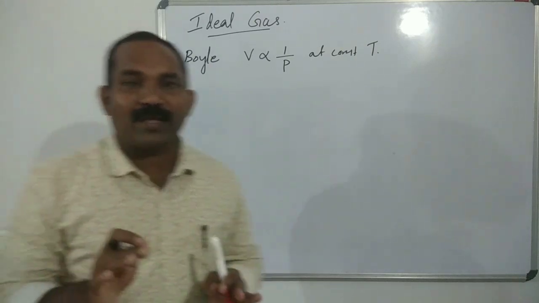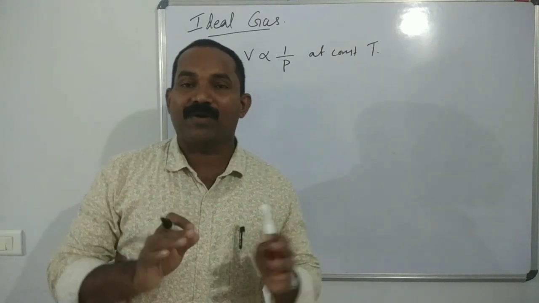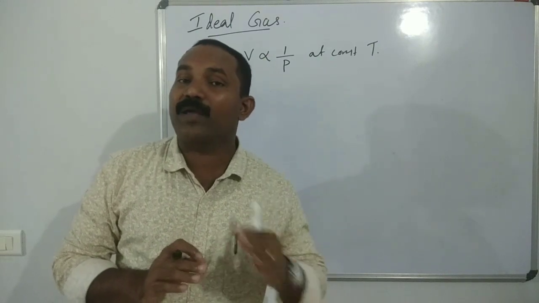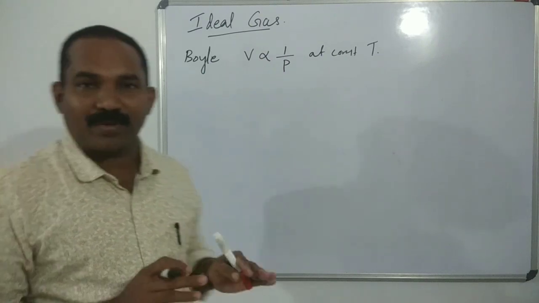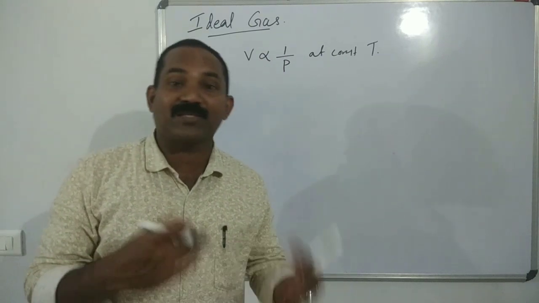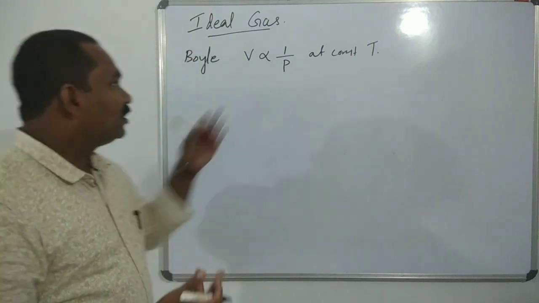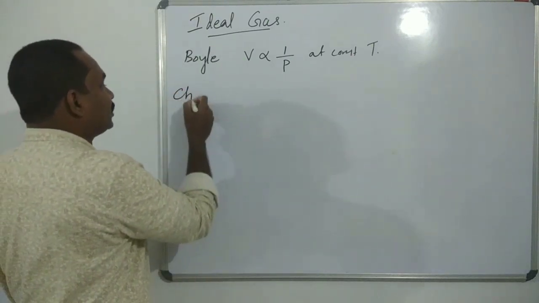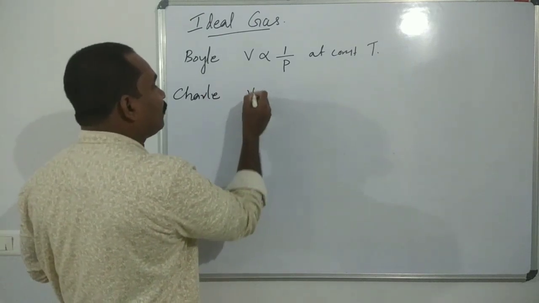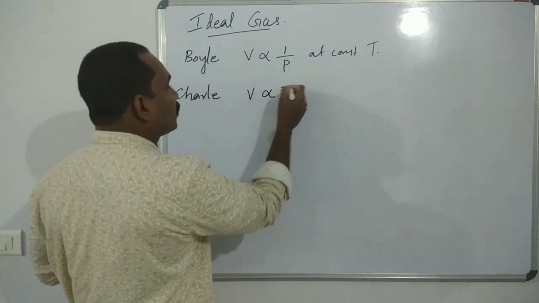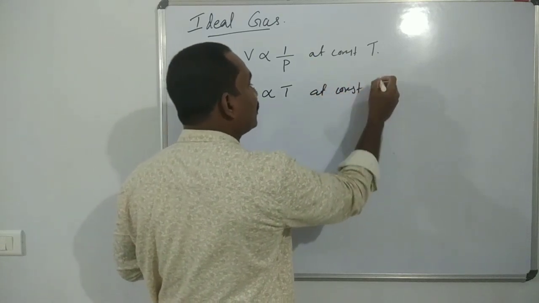What is an ideal gas? An ideal gas obeys Boyle's law, Charles' law and Avogadro law. According to Boyle, V is directly proportional to 1 by P, that is, V is inversely proportional to the pressure of the gas. Next, according to Charles' law, V is directly proportional to temperature at a constant pressure.